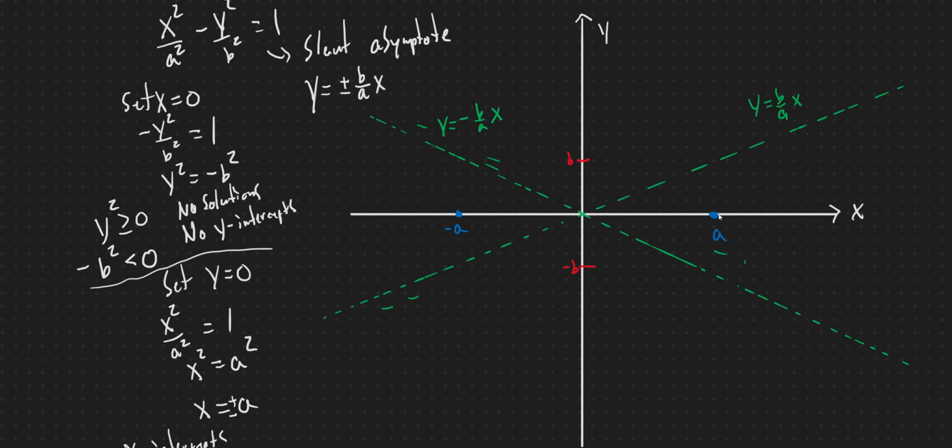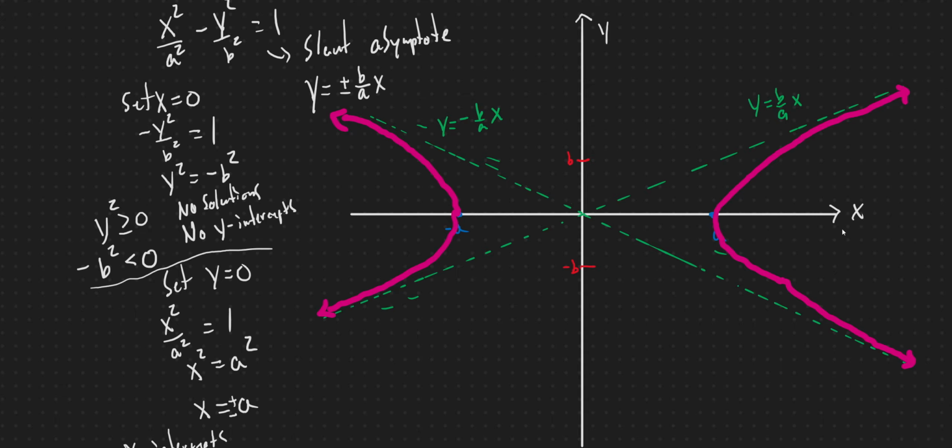So I intersect the curve here, and then I go out and I approach this line. It goes off like that to infinity, following the line. And then we also have an intercept over here, and we get this sort of shape.